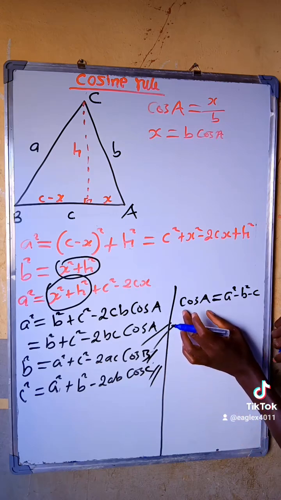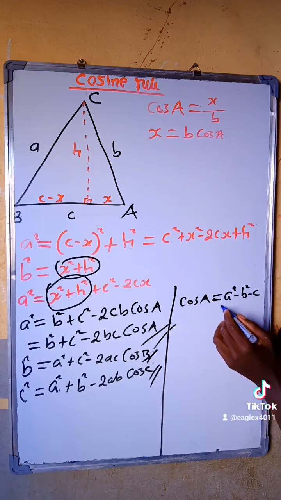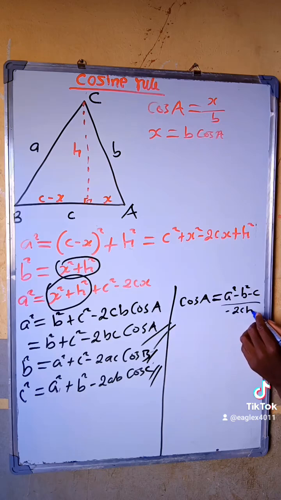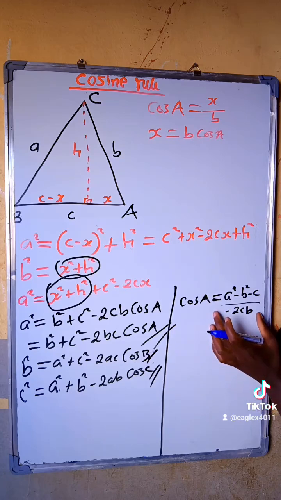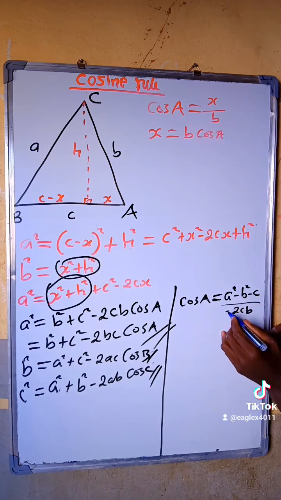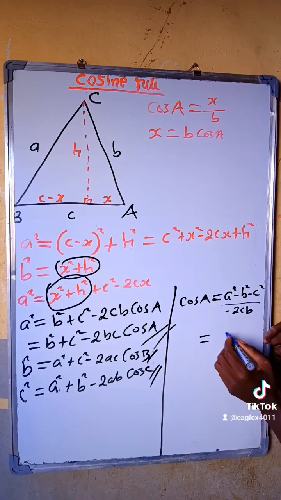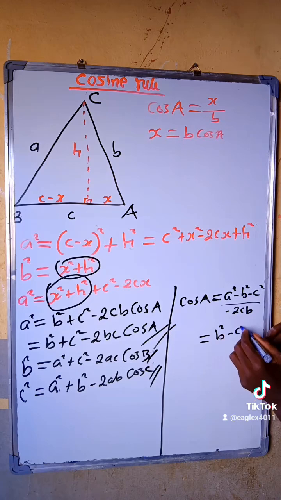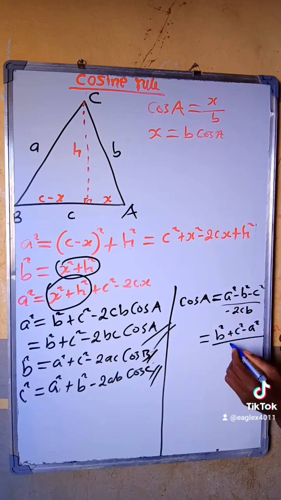The negative will affect all the terms on top, so what will remain is b square plus c square minus a square, divided by 2bc.